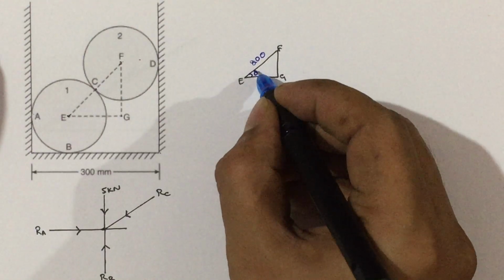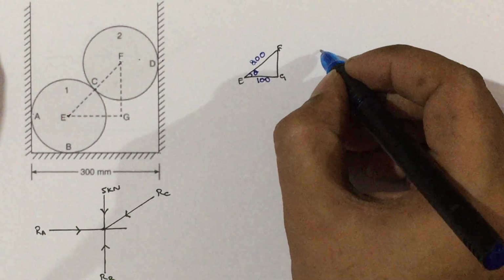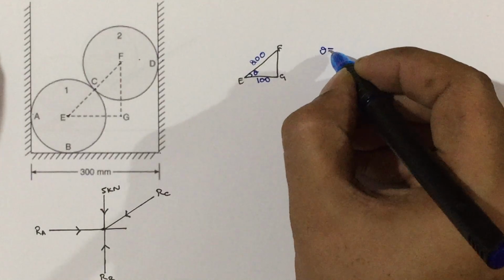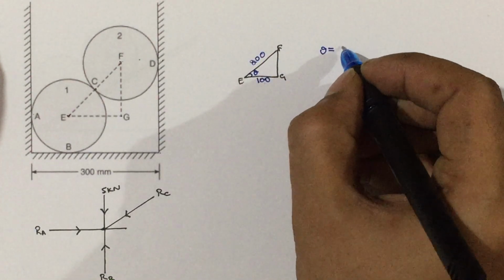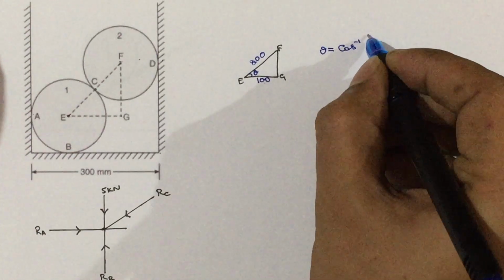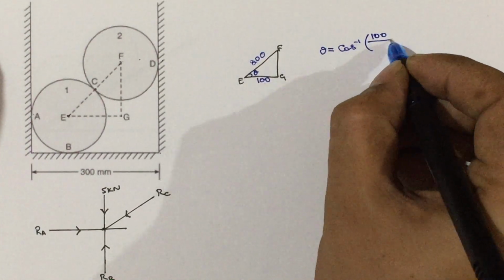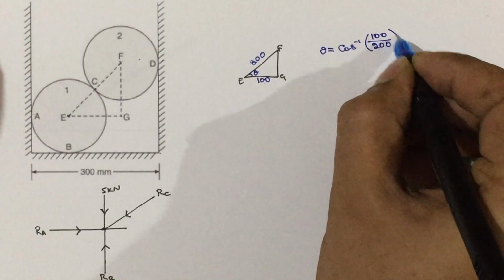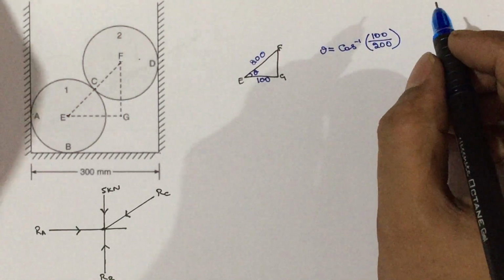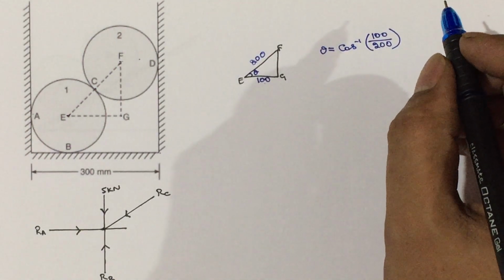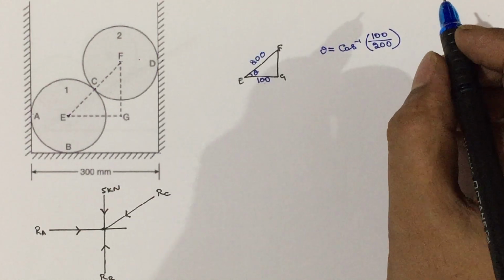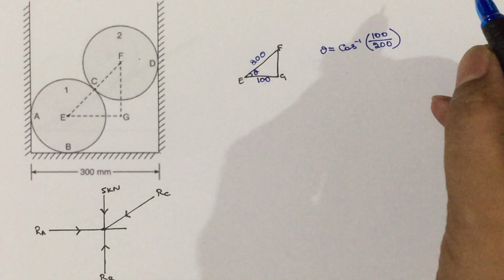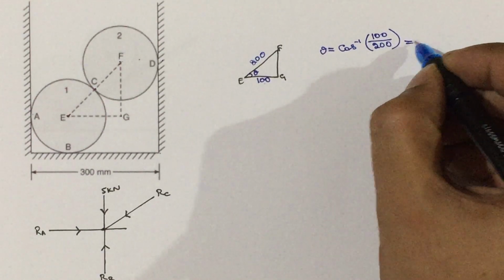Therefore, we need this angle theta. We can apply cos theta, adjacent side by hypotenuse. Therefore, theta is equal to cos inverse of adjacent 100 divided by hypotenuse 200. You are going to get theta as 60 degrees.